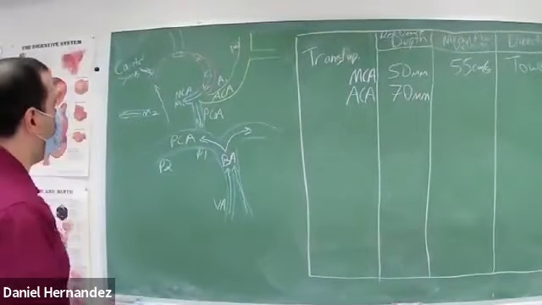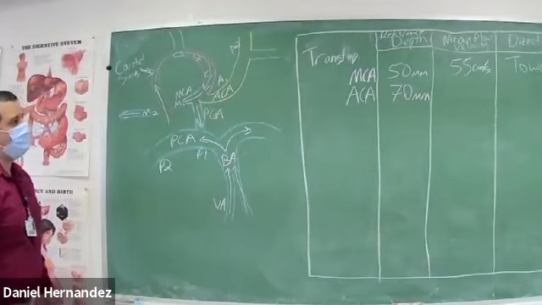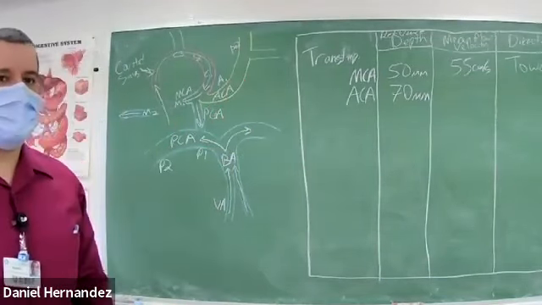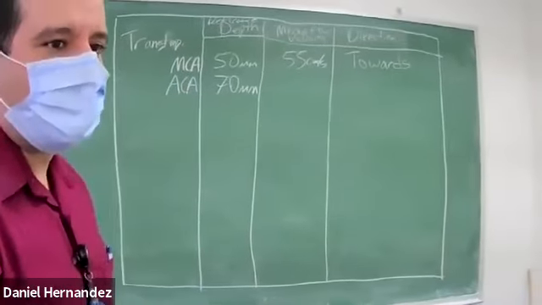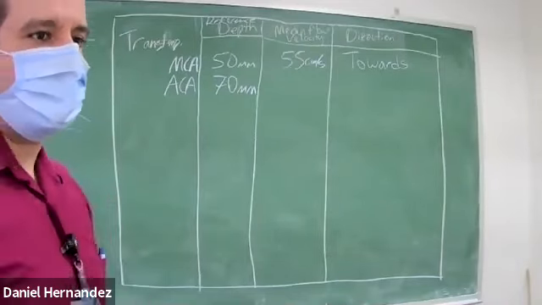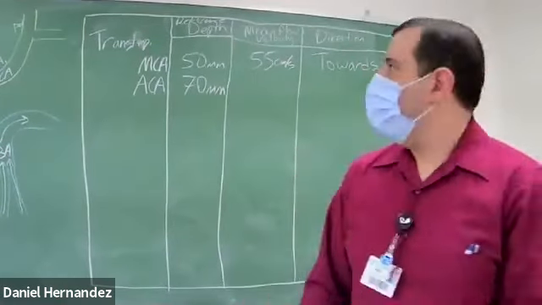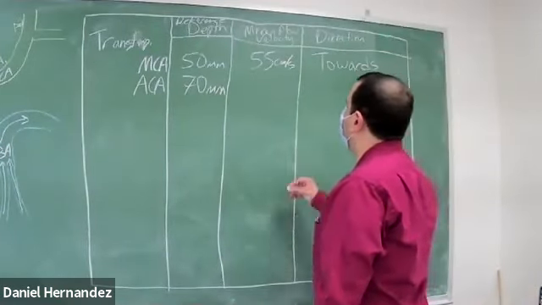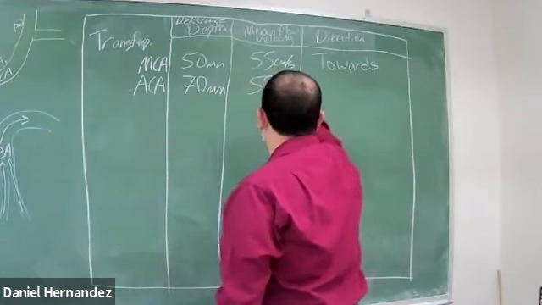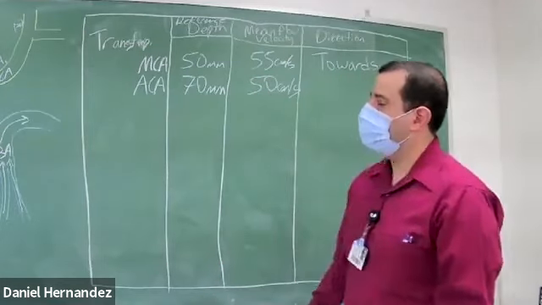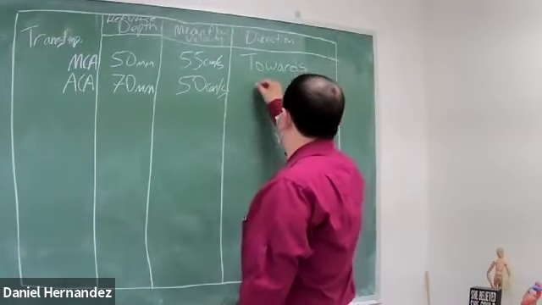So if you go back to our chart, if we're imaging transtemporal, our anterior cerebral artery is going to be deeper, so we've got to scan deeper. Our mean average flow velocity for this is going to be 50 centimeters per second. And our flow direction is going to be away.